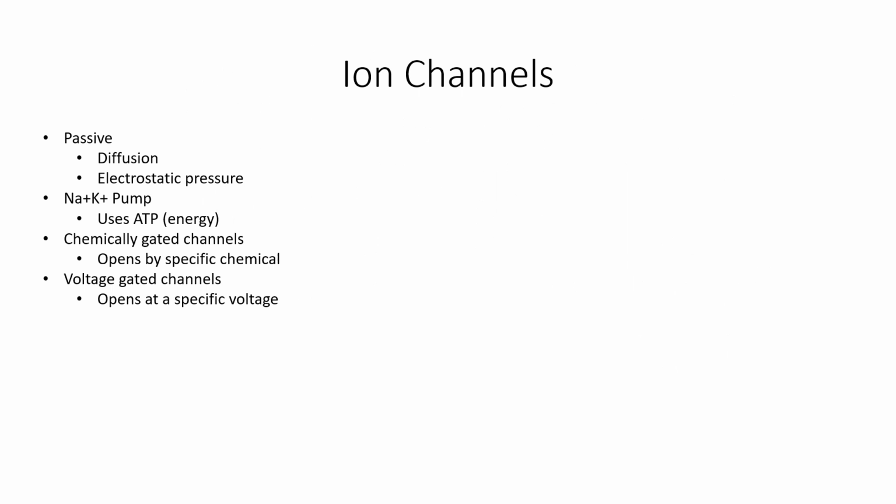Okay, so far we talked about the passive ion channels, which move ions from one side of the cellular membrane to the other through diffusion or electrostatic pressure. Also, we talked about the sodium-potassium pump, which is going to become important later when we talk about an action potential.